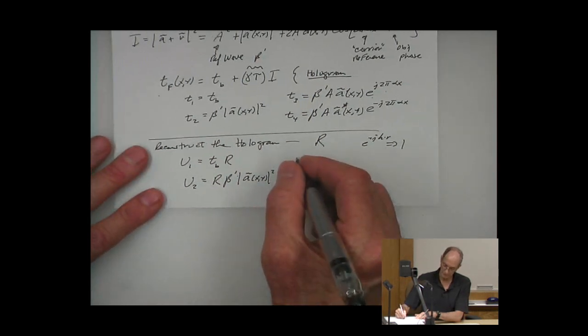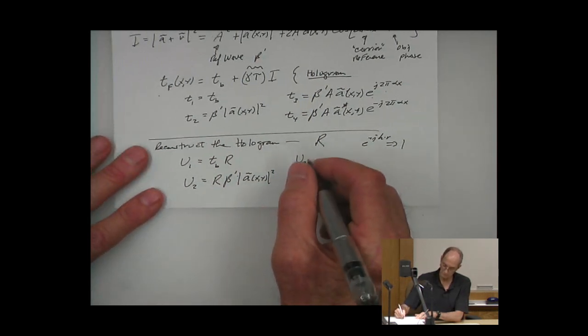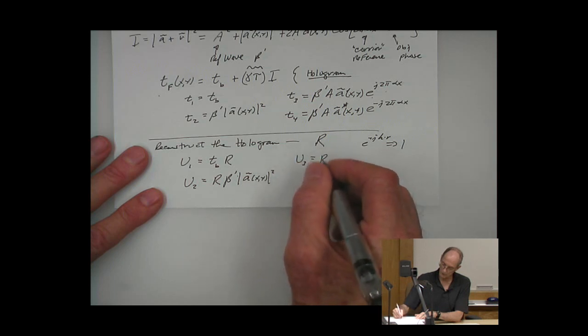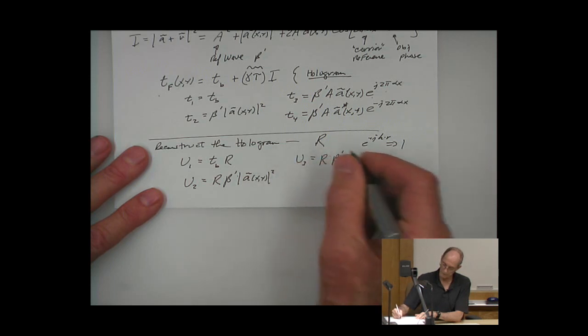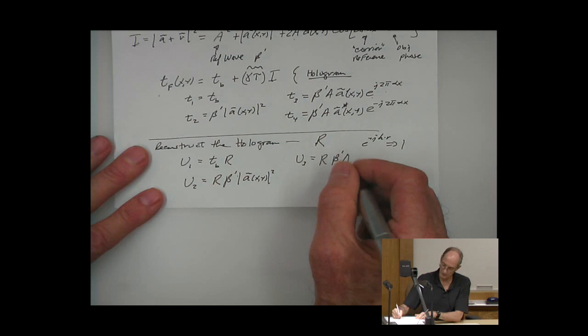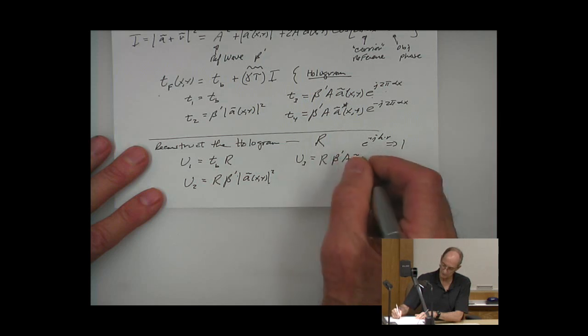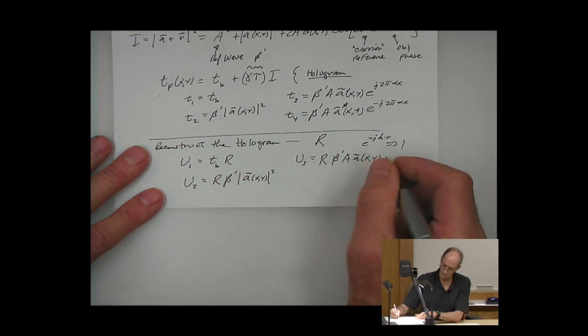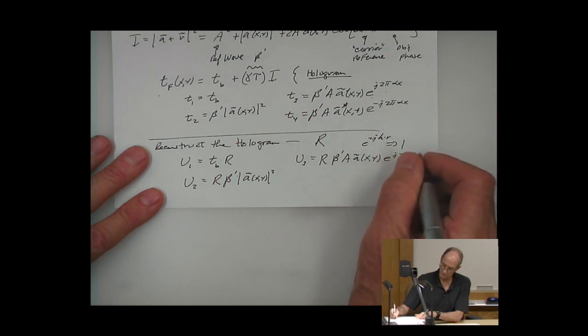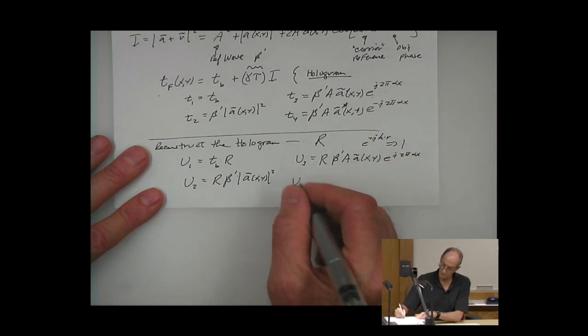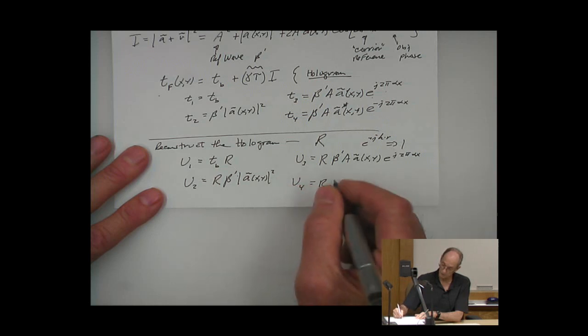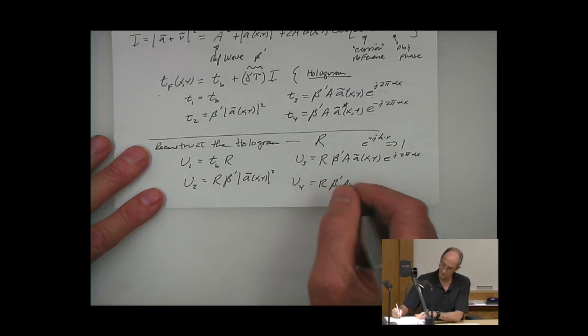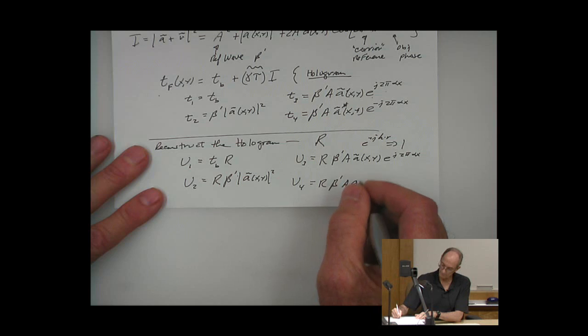And then we have u3 equal to r times beta prime times a tilde of xy times e to the j 2 pi alpha x, and u4 equal to r beta prime a star.